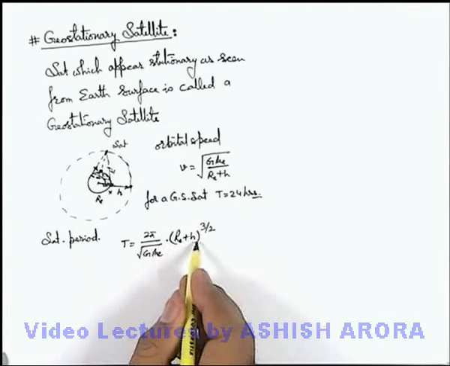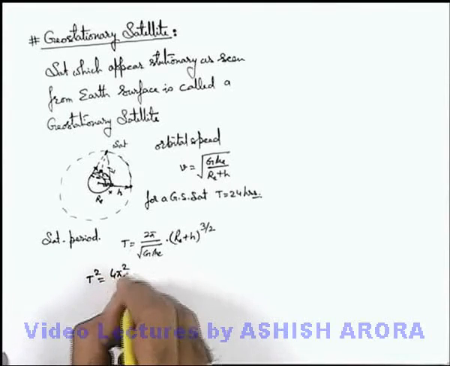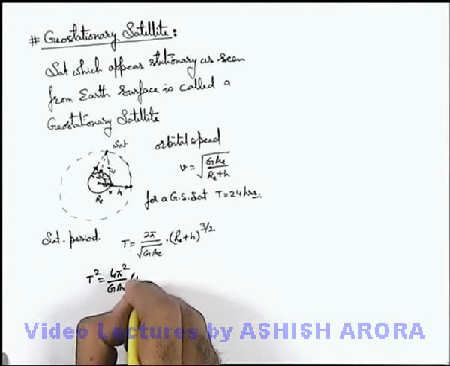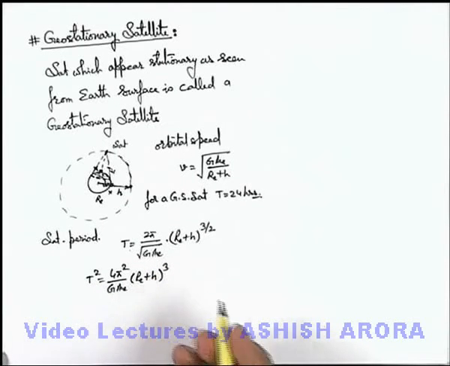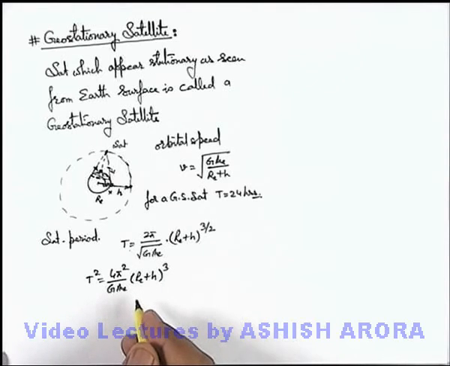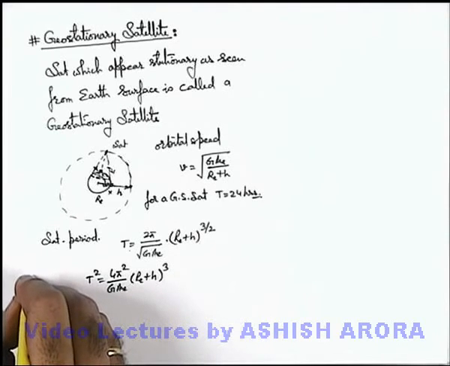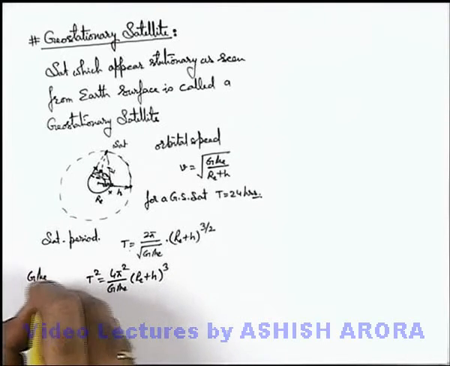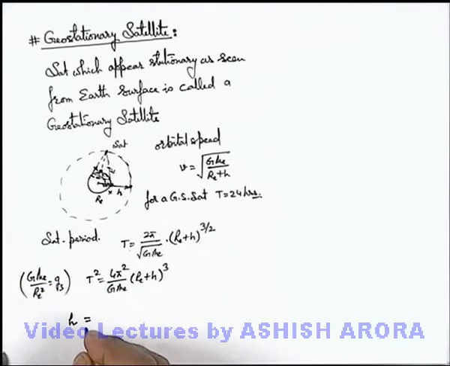So on calculation, T squared equals 4 pi squared over GME times (RE plus h) to the power 3, which is also directly the relation from Kepler's third law. If we further simplify, to find the height of the geostationary satellite above Earth's surface, we can write GME over RE squared as gs, the acceleration due to gravity on Earth's surface.